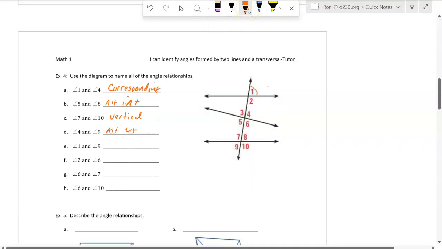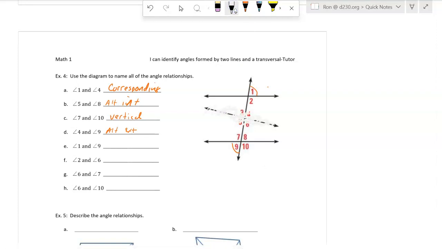Okay, 1 and 9. Ignore the middle part here. So you're ignoring all of this here. If you cover it up, what do I notice here? 1 and 9, opposite sides of the transversal, both exterior. So those are alternate exterior angles.